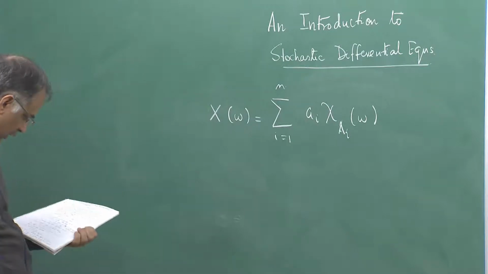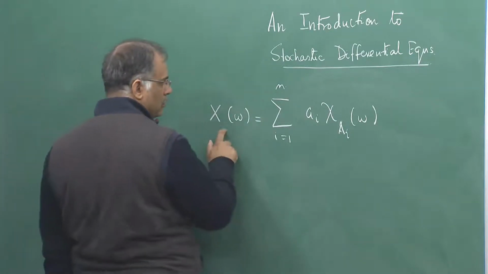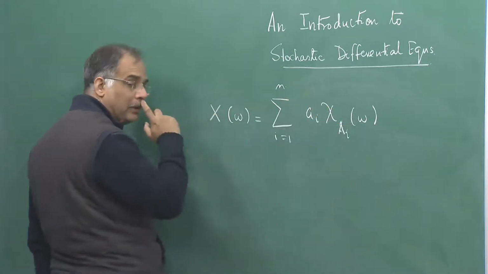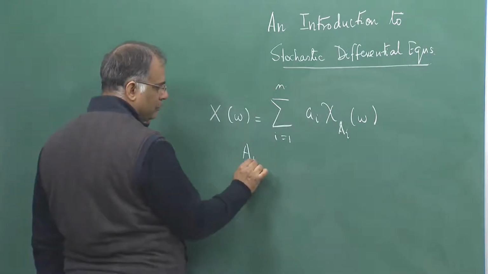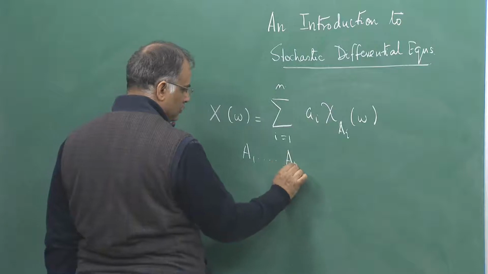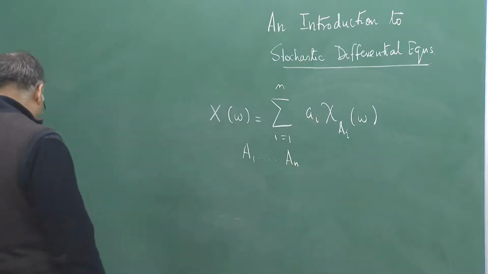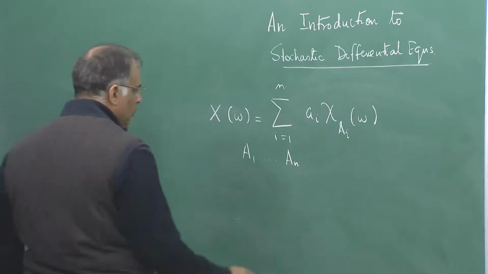Now, this sort of thing is called a simple function. This also is a random variable. So, you have some sets, say A1 to AN. So, all of these are in U.